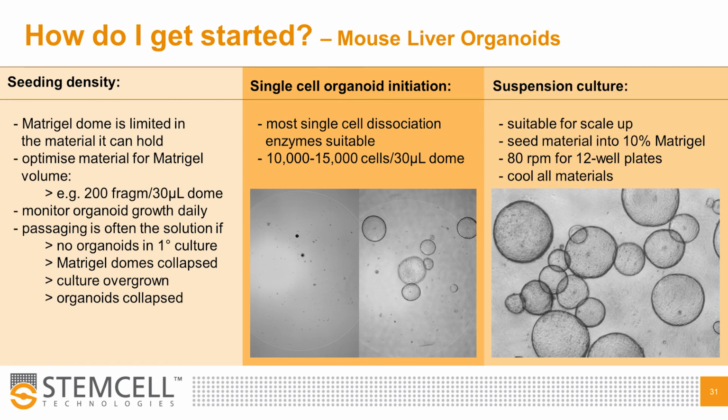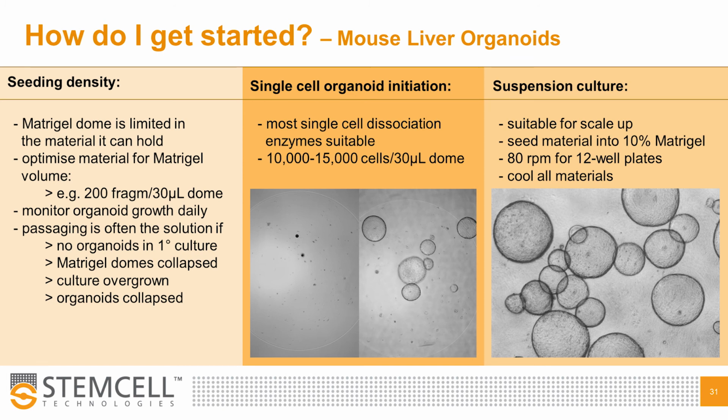And lastly, suspension culture. It's a very easy culture system for scaling up organoids. The material that would be embedded in a dome culture in a 100% matricial dome is instead mixed into a cooled vessel or well that contains 10% Matrigel diluted in cold hepatic culture medium. We then transfer these cooled cultures to a shaker in a 37-degree incubator, where under rotation, the Matrigel slowly solidifies.